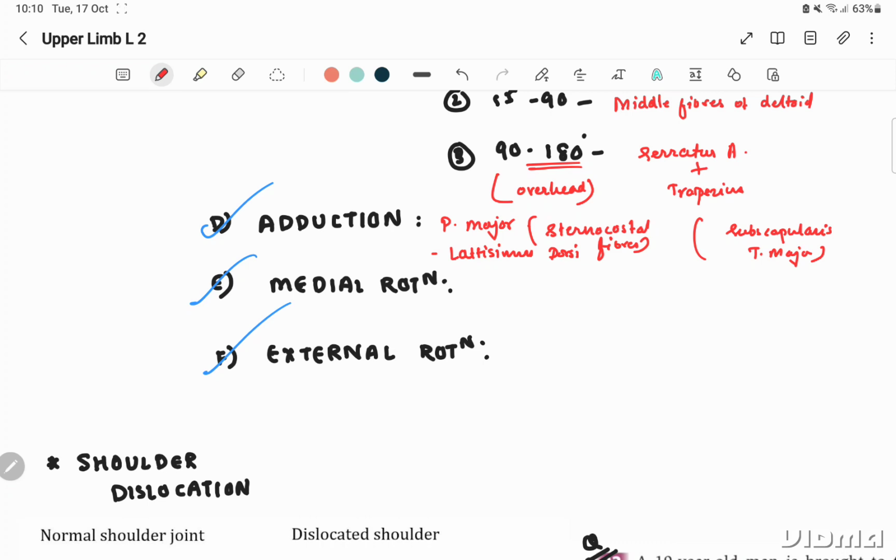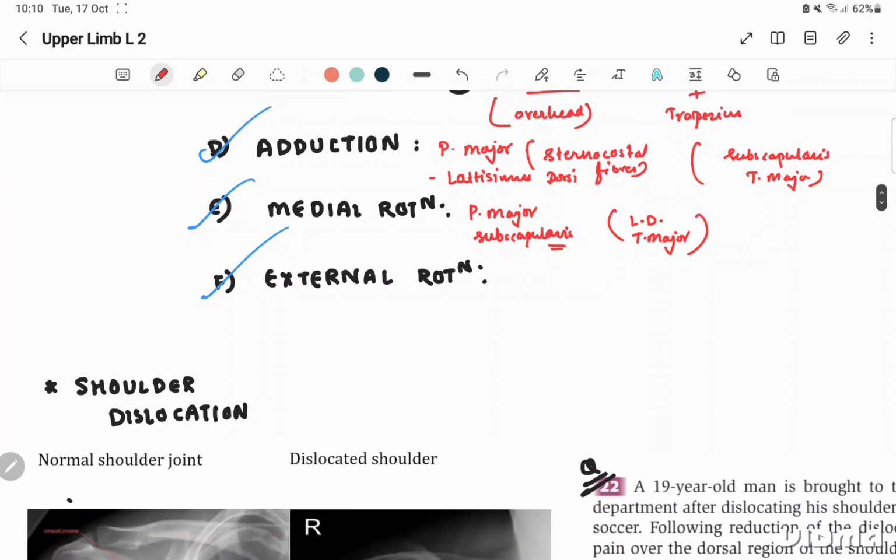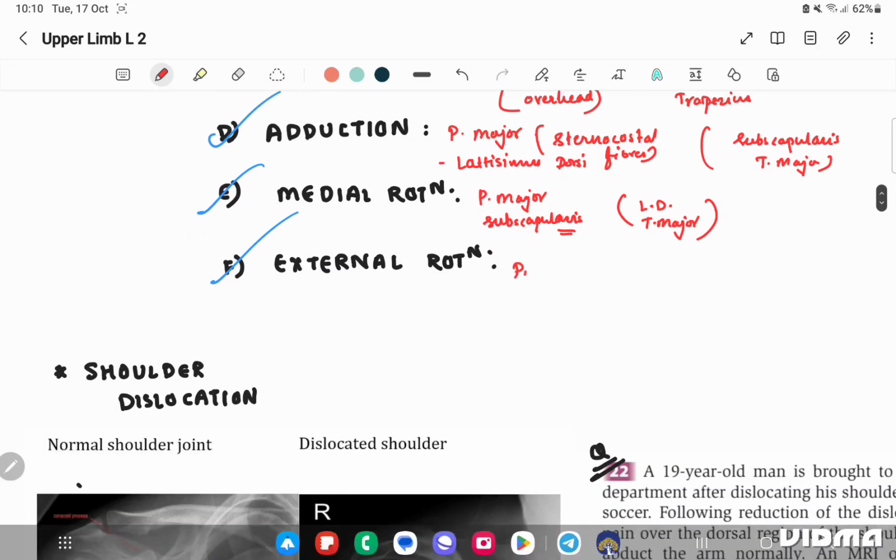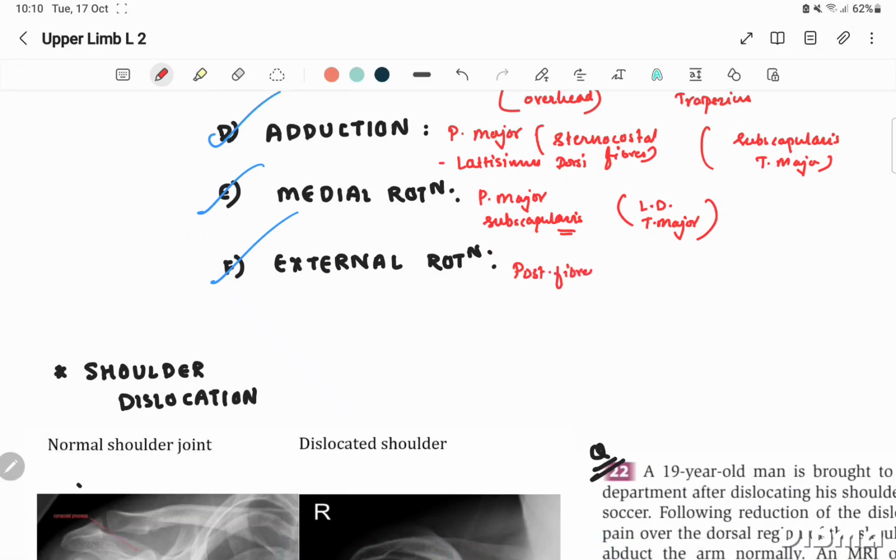Medial rotation will be done by the pectoralis major and subscapularis, and latissimus dorsi and teres major will also help. In external rotation, we have the posterior fibers of deltoid, the infraspinatus, and the teres minor will be helping.